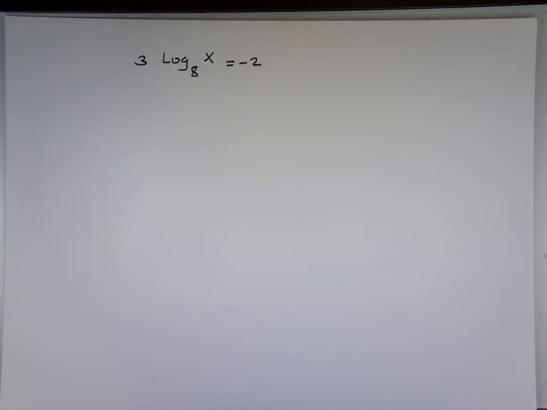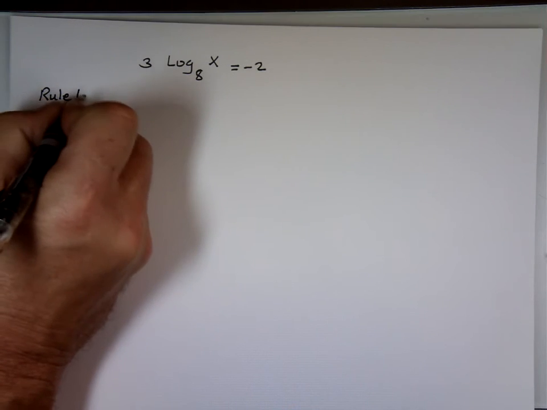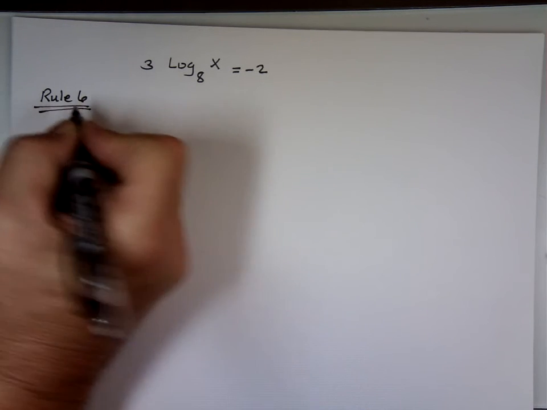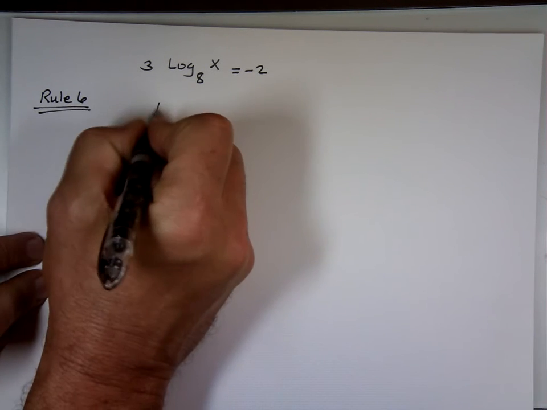Again, I'm going to think backward. I'm going to use rule number 6. Rule 6, now I'm thinking backwards. It says if you have a number in front of the log, that number used to be what? An exponent.